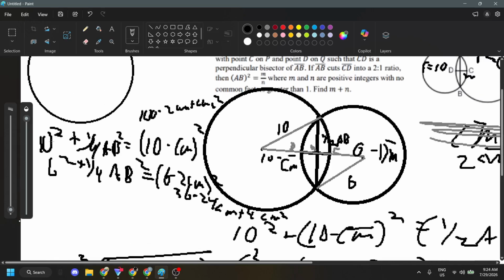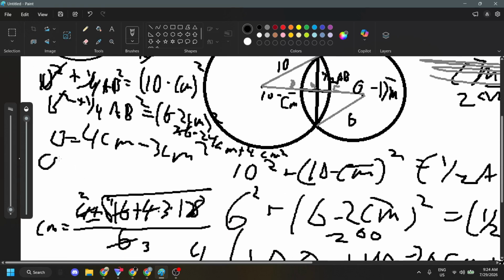Then we could subtract the 100, so this is 100, 100, and then this and this. So now we just get, subtract the two, we get 0 is equal to 4 cm, and then minus 3 cm squared.